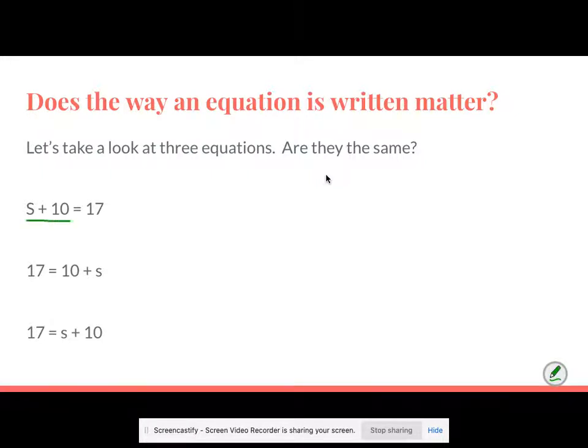This is the way that you're going to primarily see equations being written. However, you need to be comfortable with the two underneath of that, because we can have what they're equal to in the front, and then you need to solve the piece in the back. Being comfortable seeing both ways is going to be beneficial when you start solving these problems.